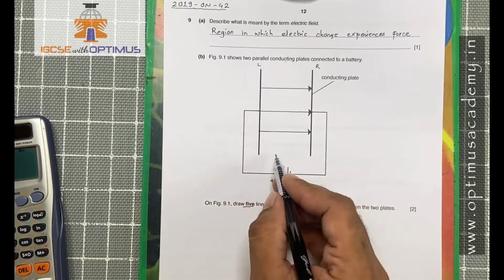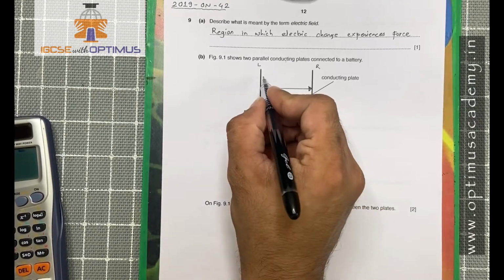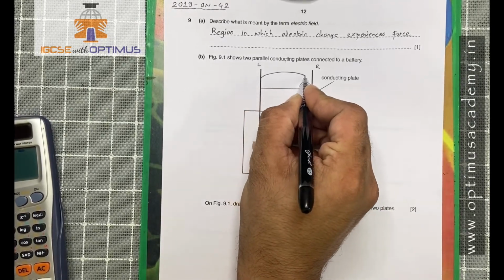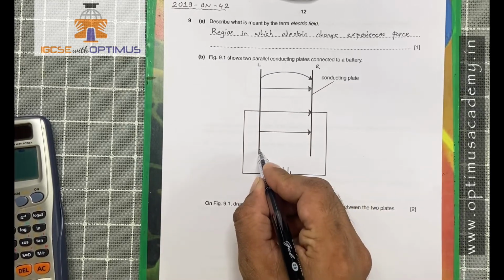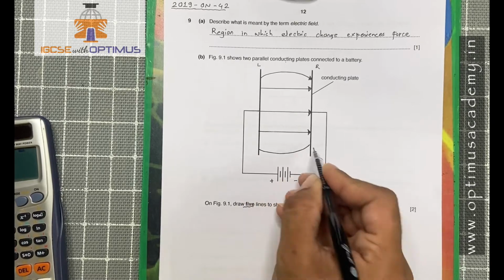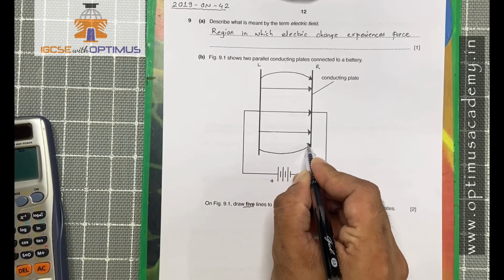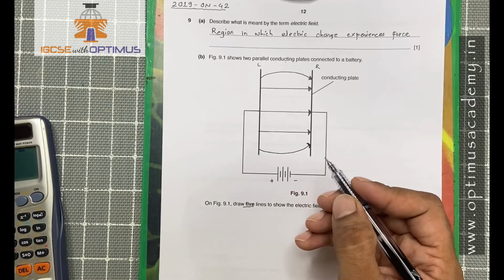The first and last line is to be drawn as curve. Like this.